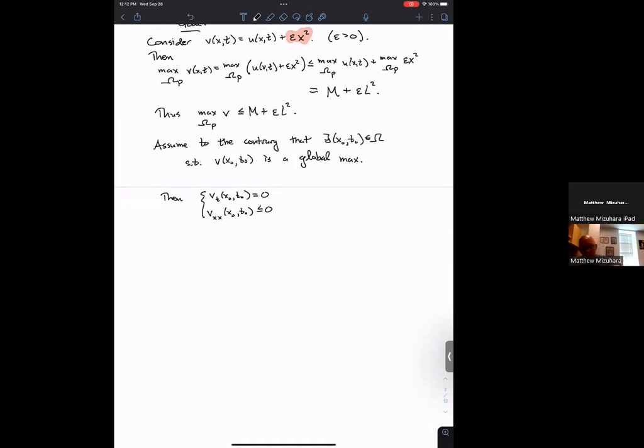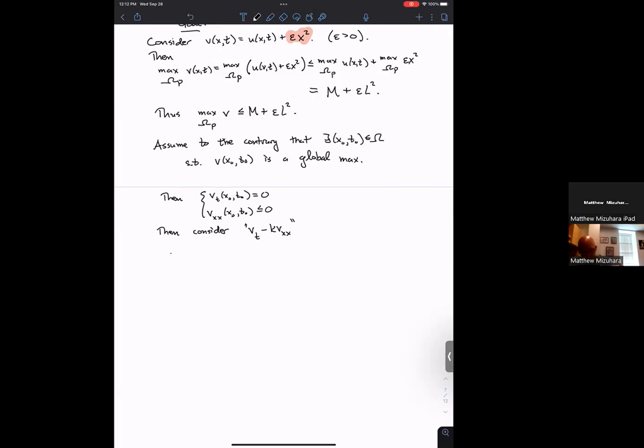But instead, what we can do is consider not the heat equation, but just this expression Vt minus k Vxx. If V were a solution to the heat equation, this would be 0, but we actually don't know that. So let's just manipulate this thing and see what it looks like.